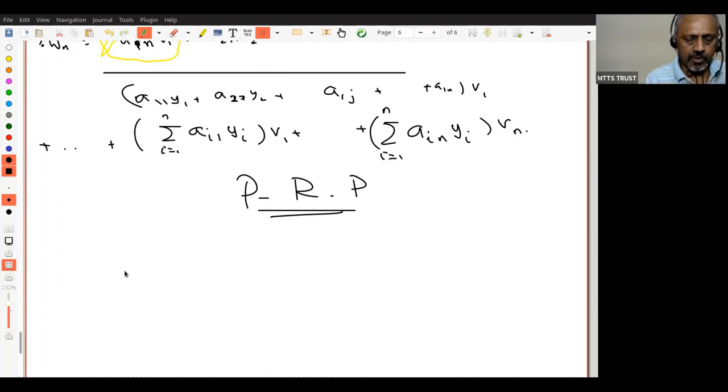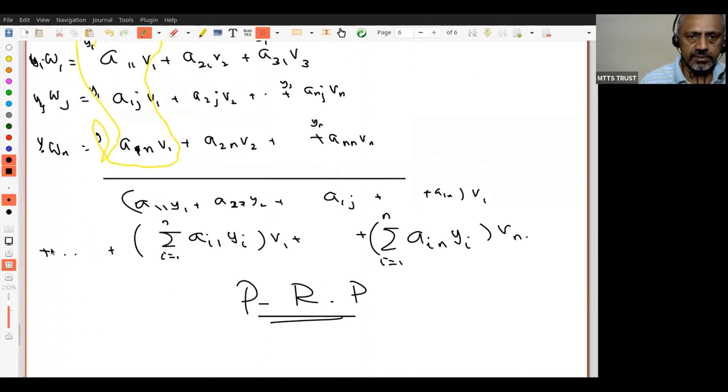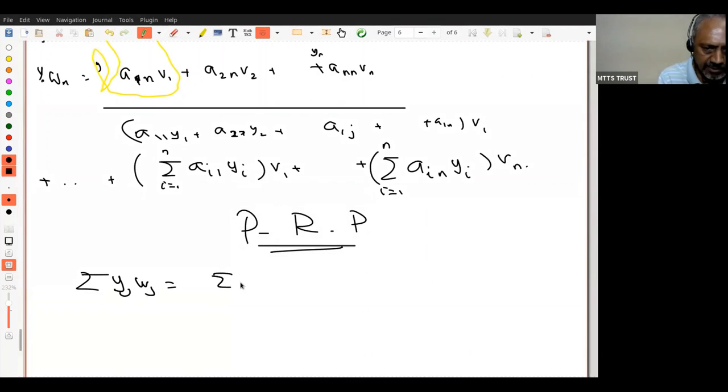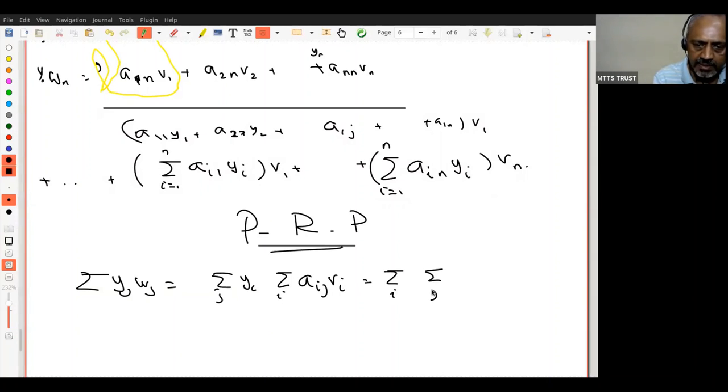So what you have found out, let me write it quickly: the summation of yj wj is equal to the summation over i of aij vi, and I am taking i out, therefore j is inside: the summation of aij yj into vi.